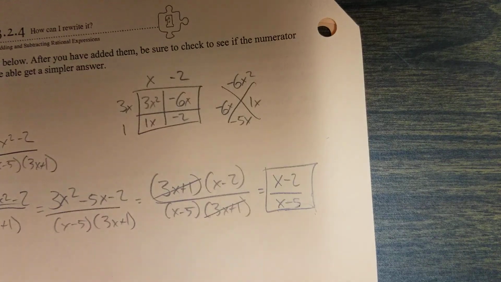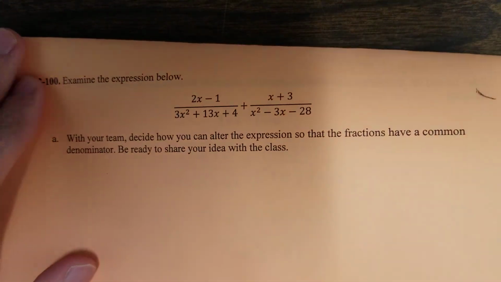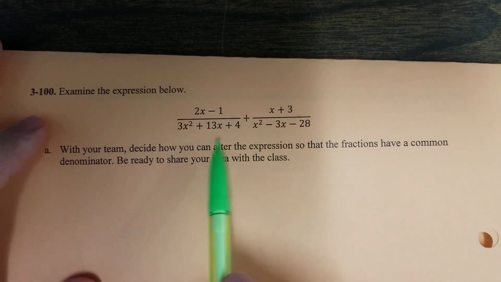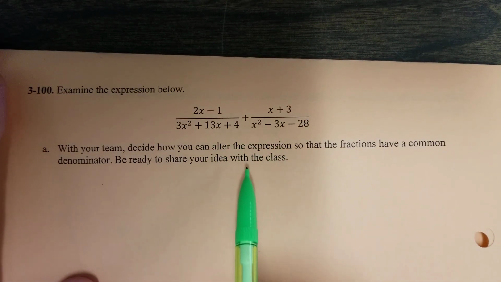This is what we're going to want to continue to do for part B there, as well as then for 100. For 100, my one hint for this, it gives us two quadratics on the bottom. I would factor these first.